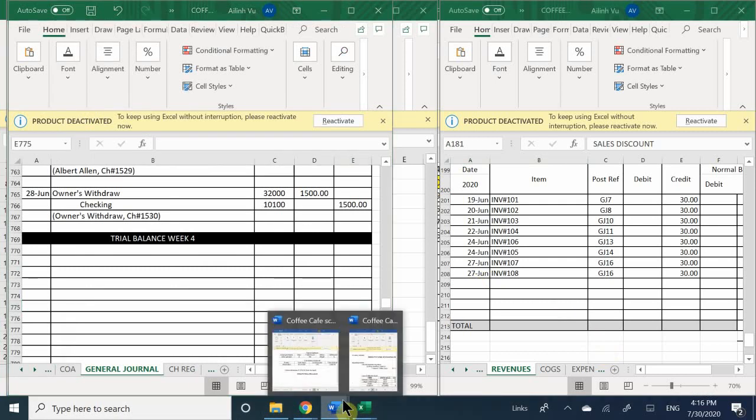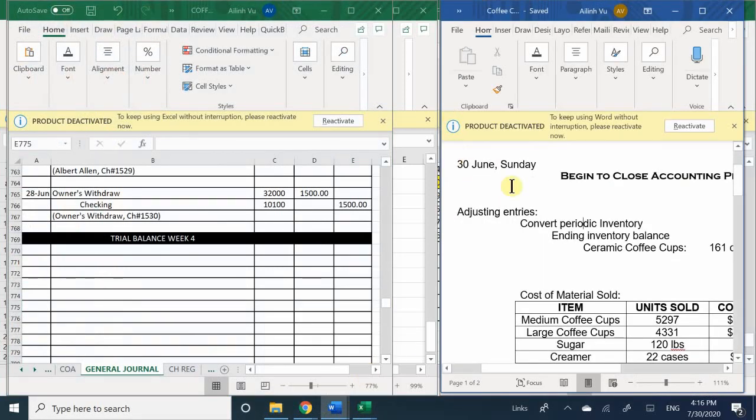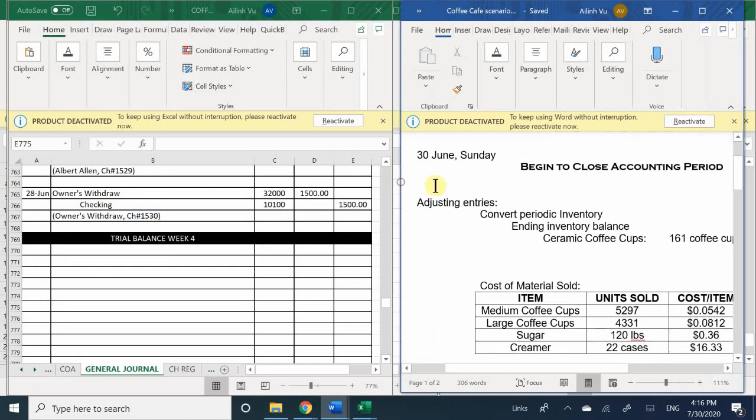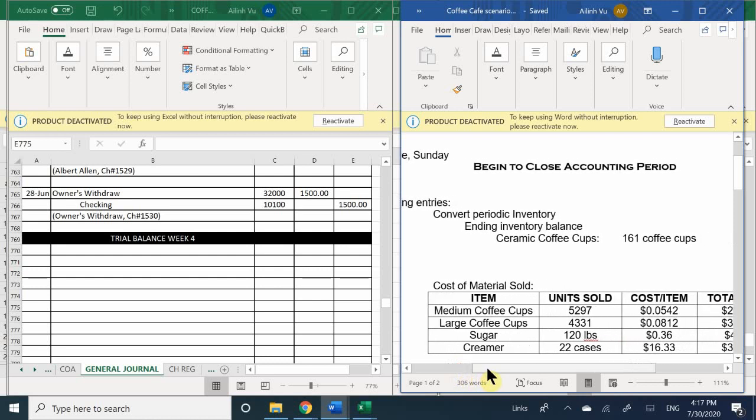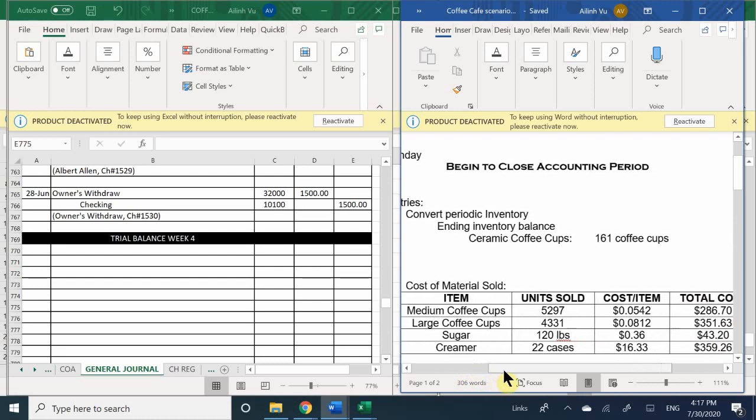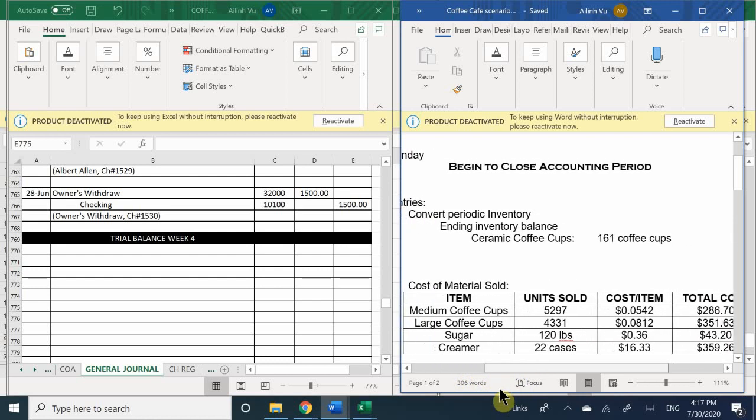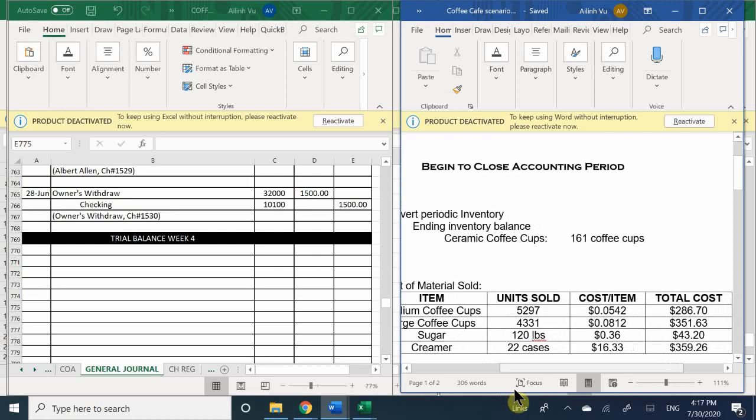So let's go ahead and get started with our very first journal entry of the adjustments. First we've got to adjust our inventory. Because we have a periodic inventory, we need to convert all of our items into our inventory, right?